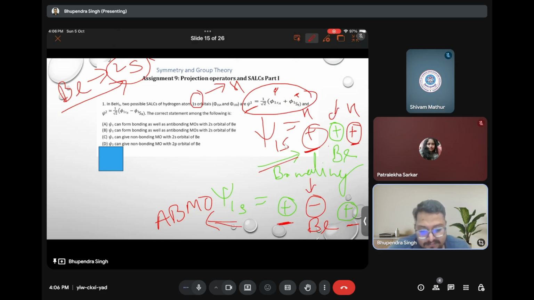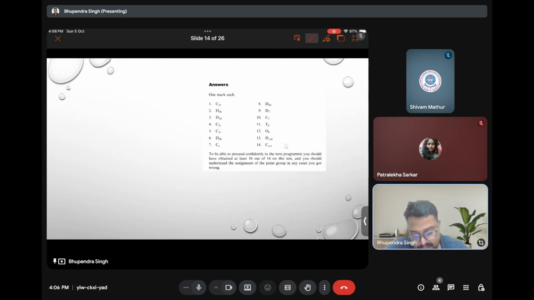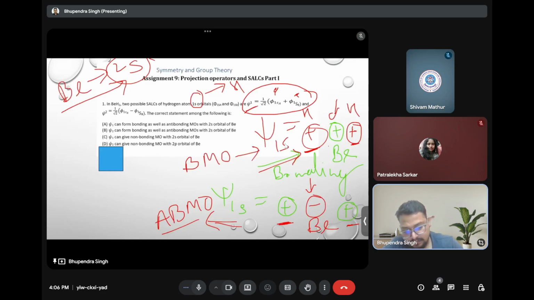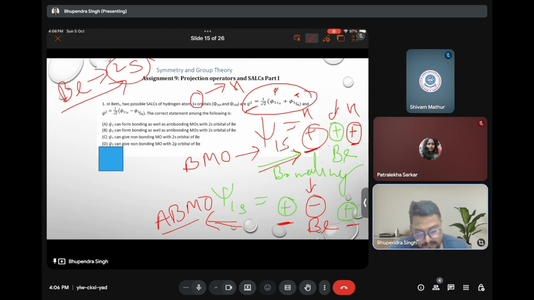If it is positive, it will form the bonding molecular orbital. If this is minus, then it will form the anti-bonding molecular orbital.